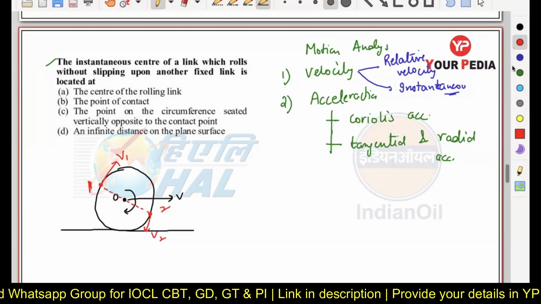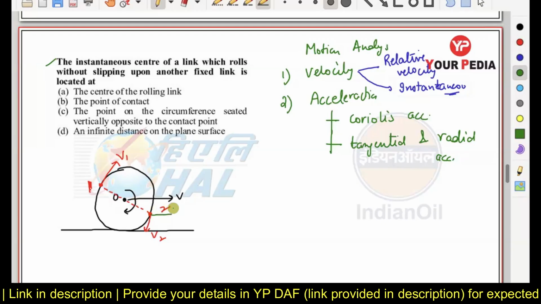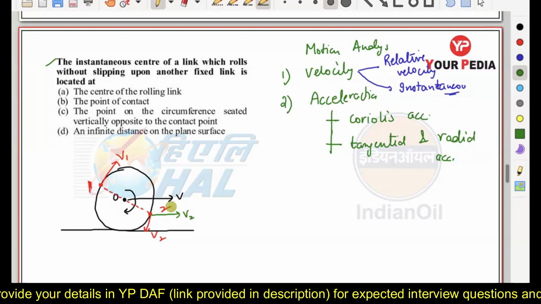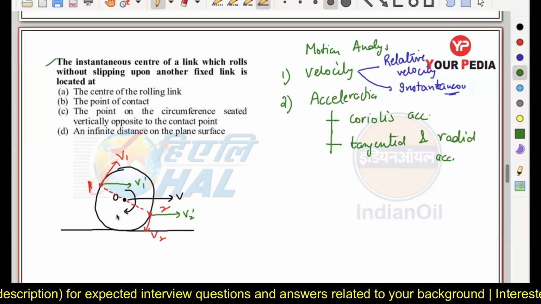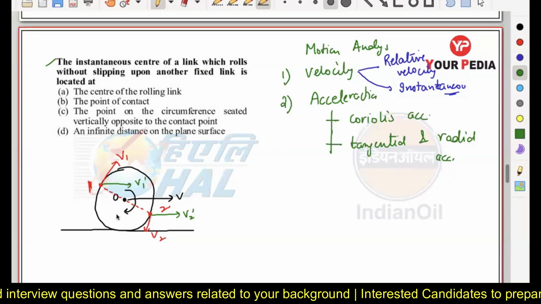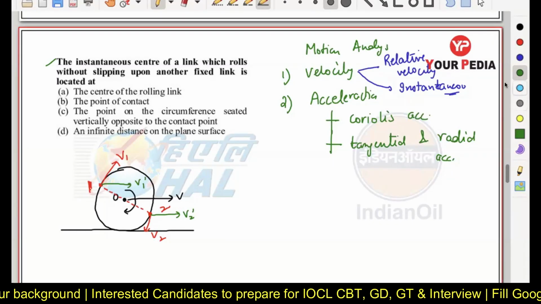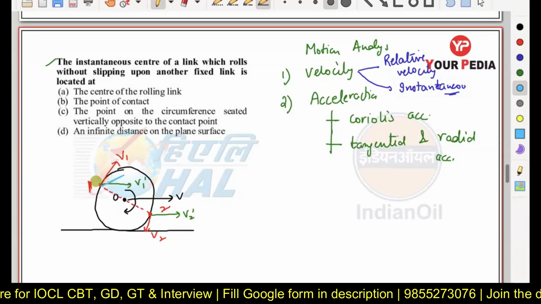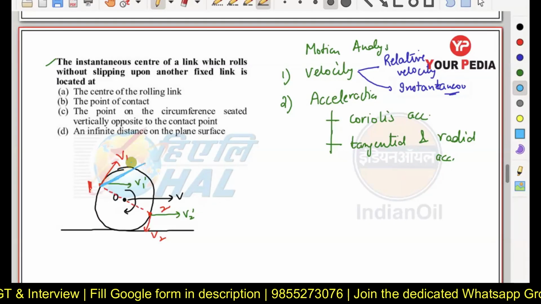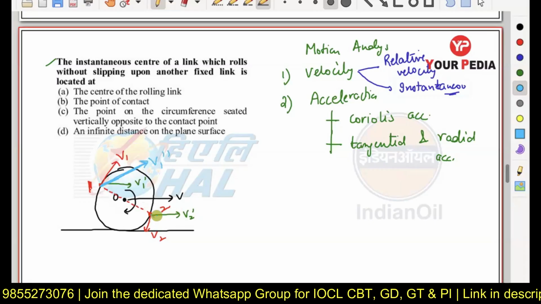Due to the translation, the points are also having a velocity component along this horizontal flat surface, V1 dash and V2 dash. So now you can see the two points are experiencing two velocity components, so we have to define the resultant. I can say the resultant is going to be V1 double dash and V2 double dash.